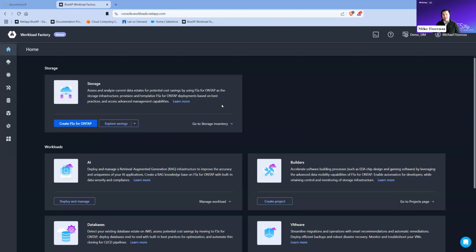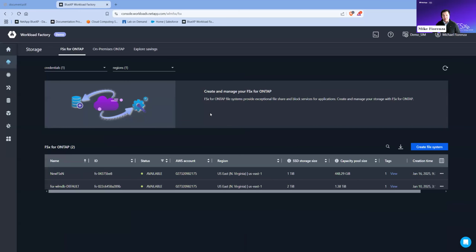But if you do decide, hey, this is really interesting, maybe there is a level of management from a UI that I would like to investigate, once you have that configured, you can actually go into your storage inventory and use these calculators and see, based on what you already have deployed, you can run these same type of metrics.